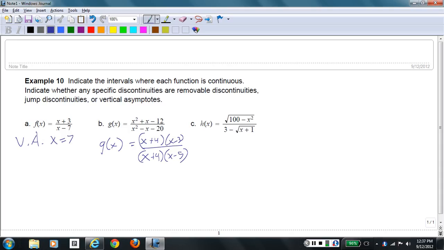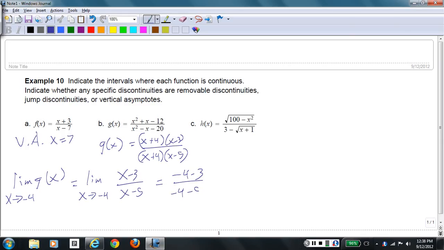When evaluating the limit of g of x as x approaches -4, because we can divide out the x plus 4s, we can actually evaluate the limit as x approaches -4 of x minus 3 over x minus 5, and it exists and equals whatever -4 minus 3 over -4 minus 5 is, evidently -7 over -9.